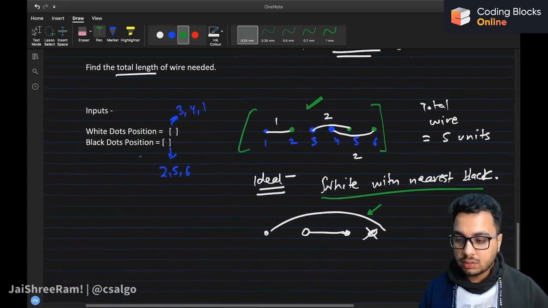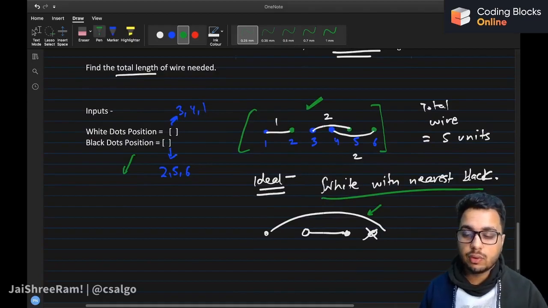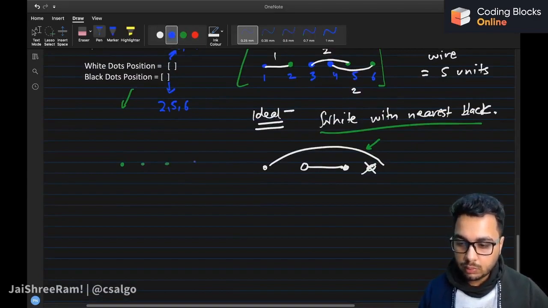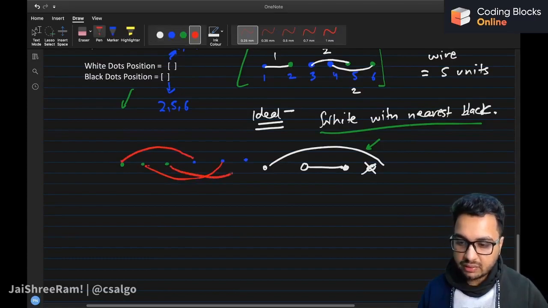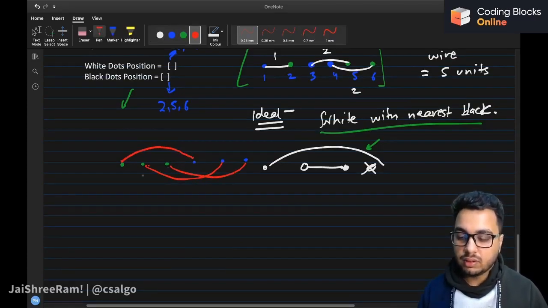You can make different test cases, and you will see that this is true for all possible configurations. Maybe if I have white white white followed by black black black dots, something like this, then if I just connect this one with this, and this one with this, that will give me the minimum length of the wire.